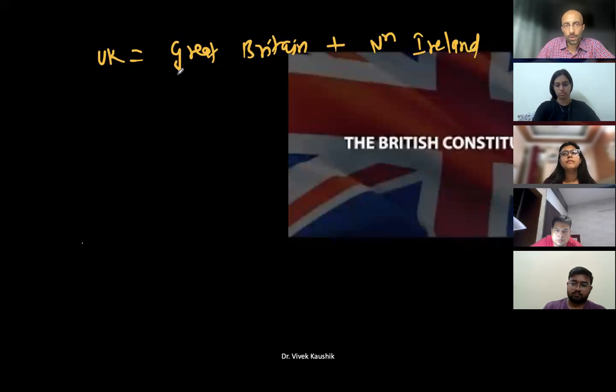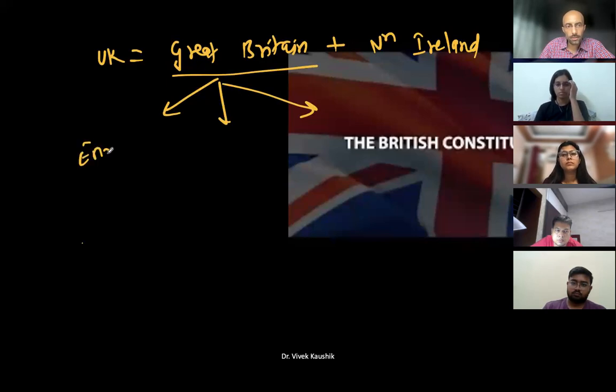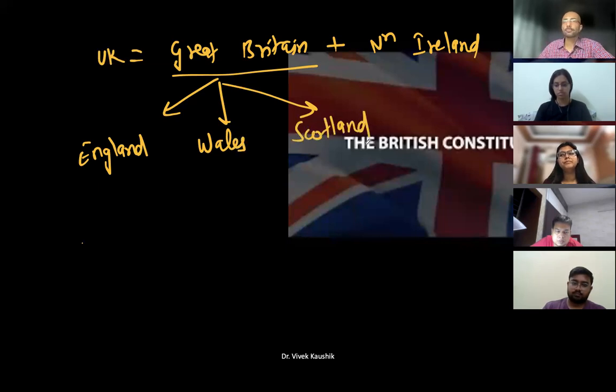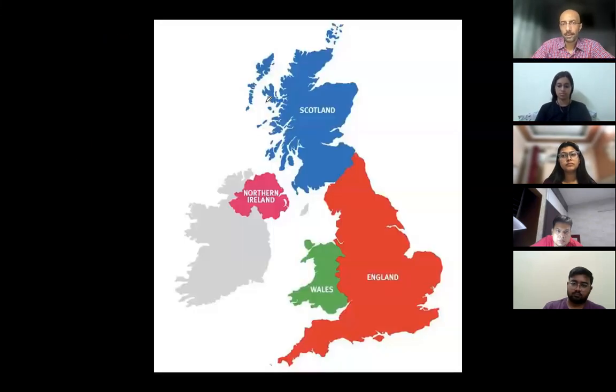And Great Britain has three parts: England, Wales, and Scotland. So although we are calling it the British Constitution, it refers to the constitution of the entire United Kingdom: Wales, England, Scotland, and Northern Ireland.